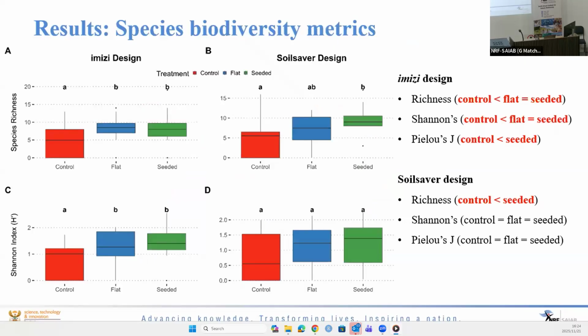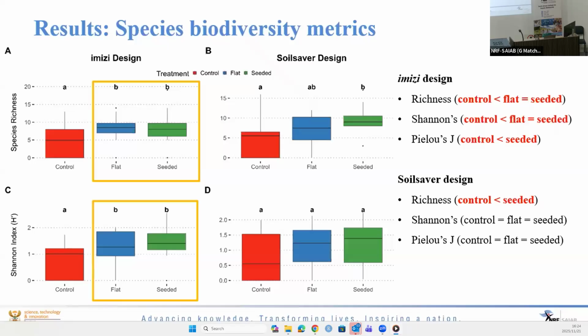When we look at species biodiversity metrics, we did find significant differences in species richness and Shannon diversity in the Emisi design, which were both higher in the flat and seeded treatment compared to the control. In the soil saver design, we only found that the species richness was significantly higher in the seeded treatment compared to the control.